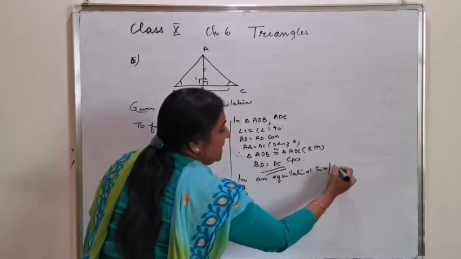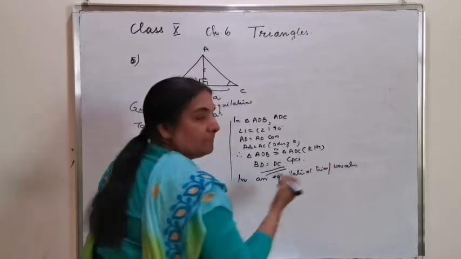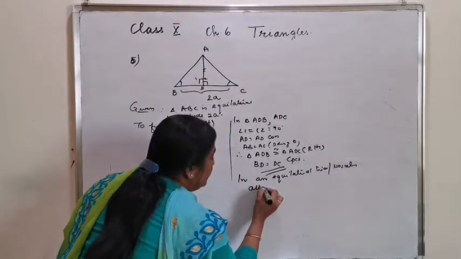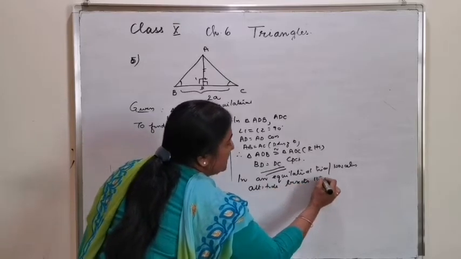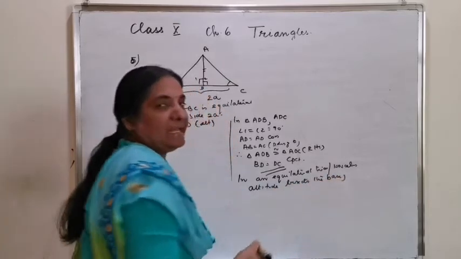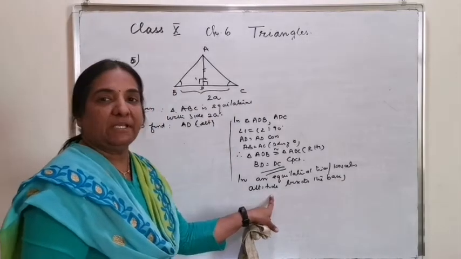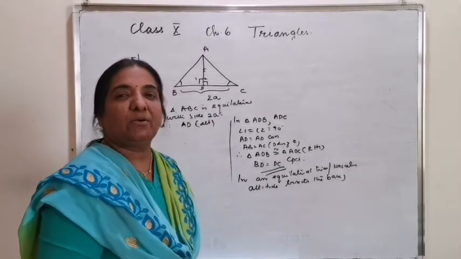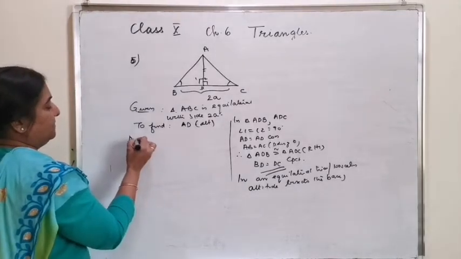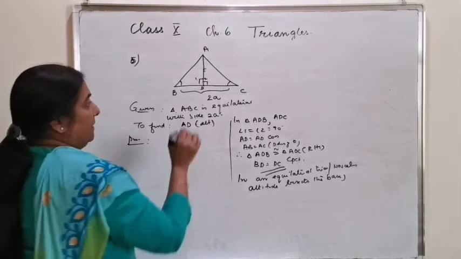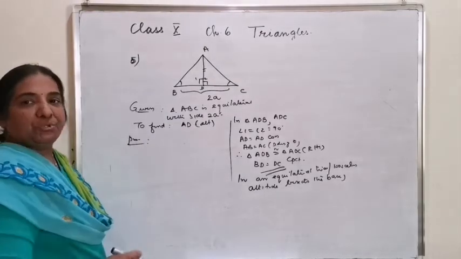So, it is a property that in an equilateral triangle as well as an isosceles triangle, altitude bisects the base. For the exam, you need to write only this property because it will be a 2-mark question. We can prove it by this method. You have to get the length of the altitude AD.